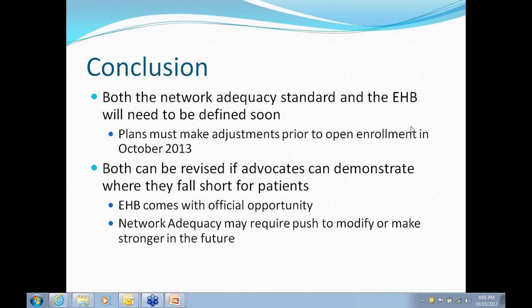That's where you see the detail of the time and distance to primary care providers and specialty providers, and appointment wait times and so forth. Very detailed criteria to meet. So it might be possible that some states would look to those requirements and apply them to the commercial plans. But at this point, there's no official link between the requirements for Medicaid and the network requirements for the exchange plans.